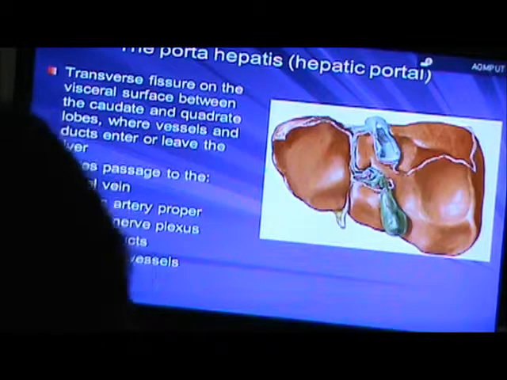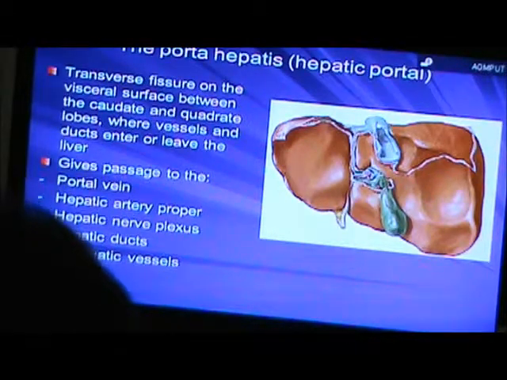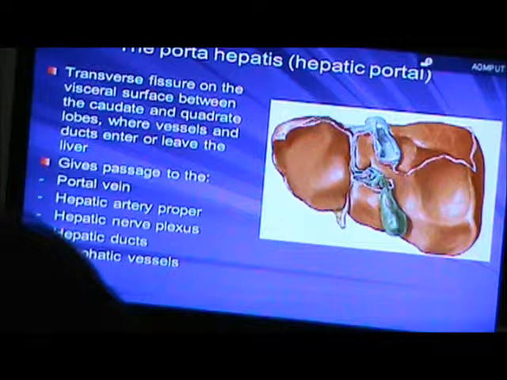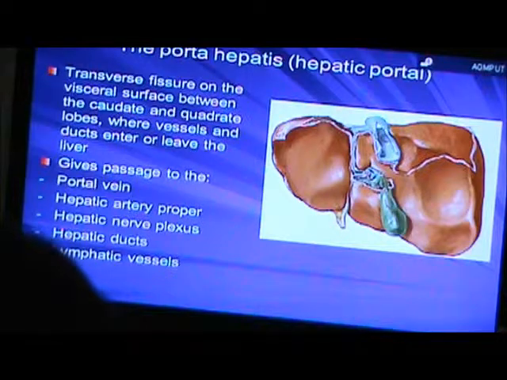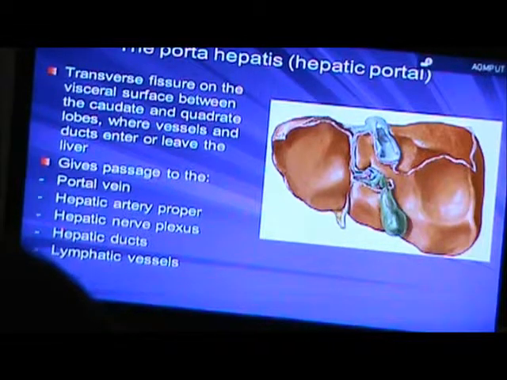The porta hepatis gives passage to the portal vein, and if you don't want to make a mistake, remember that the portal vein is the most posterior structure in the porta hepatis.